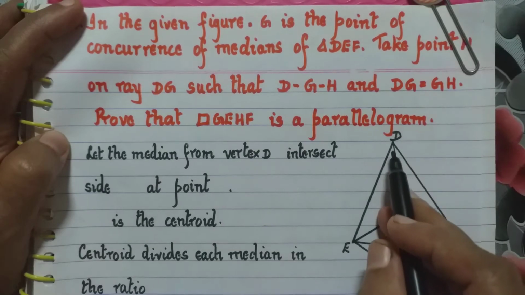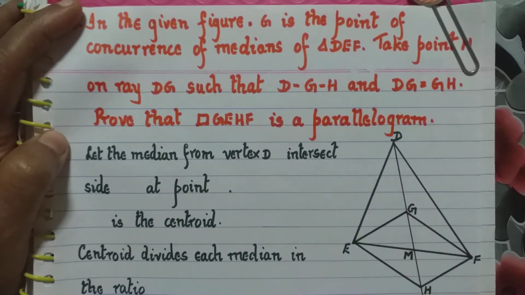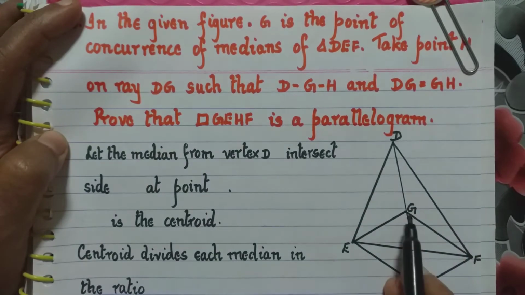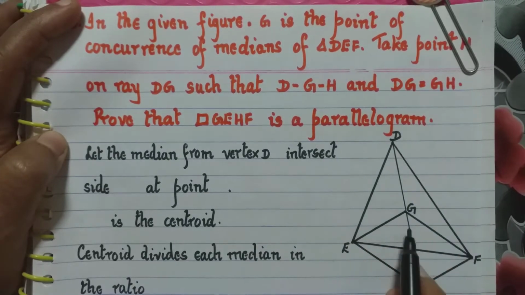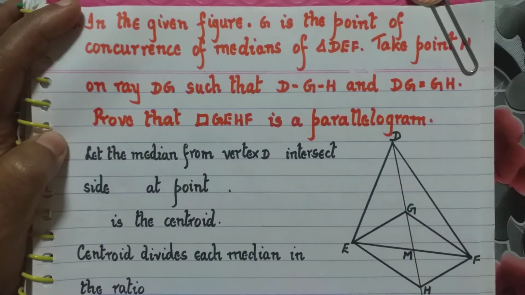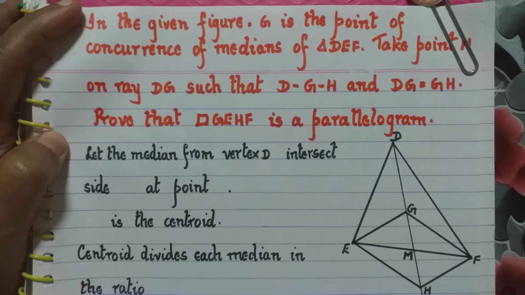So there is a line passing from D to G and further onwards. You have to take a point on that called H such that G lies between D and H. So obviously H will be on the other side of DG and DG equal to GH. So if you measure this distance and this distance, it should be the same. So DG equal to GH.